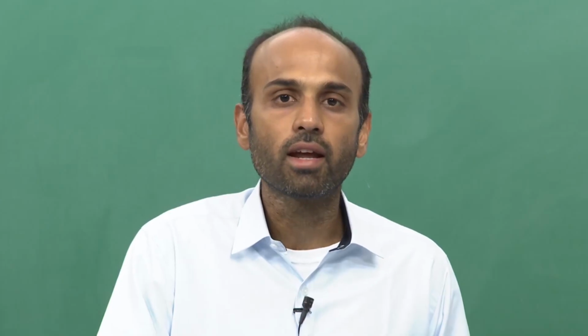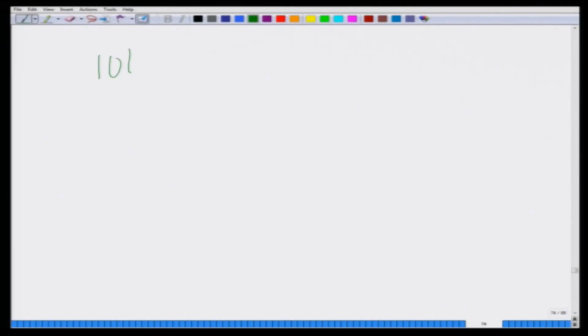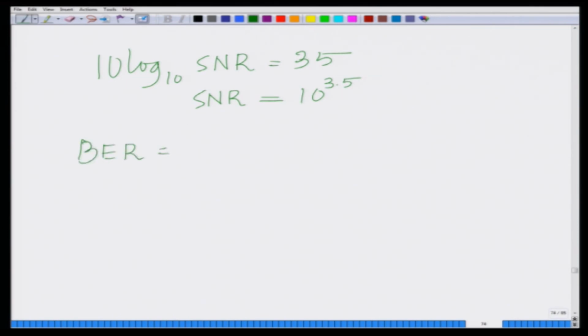As we know, dB SNR, 10 log 10 SNR, equals 35, which means SNR equals 10 to the power 3.5. The bit error rate of this system is half times 1 minus square root of L over n SNR divided by 2 plus L over n SNR.